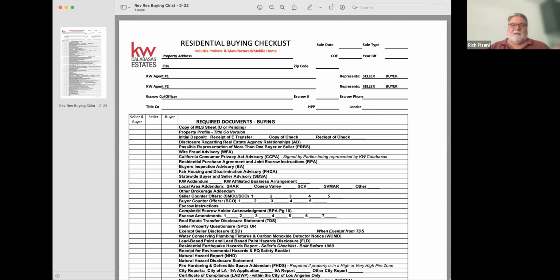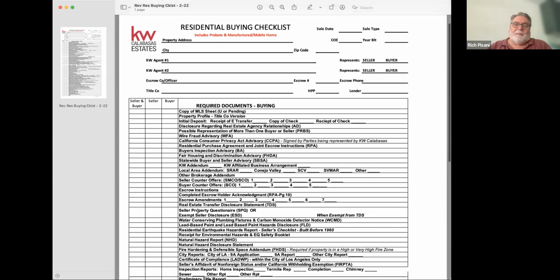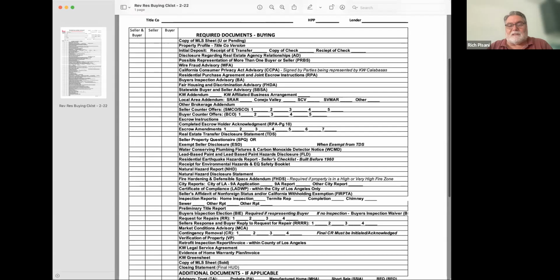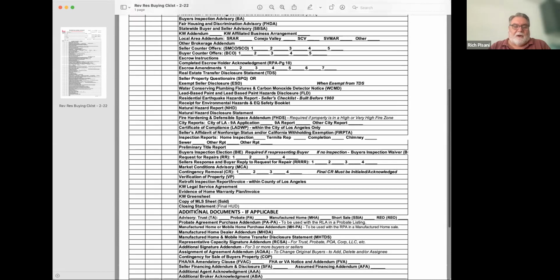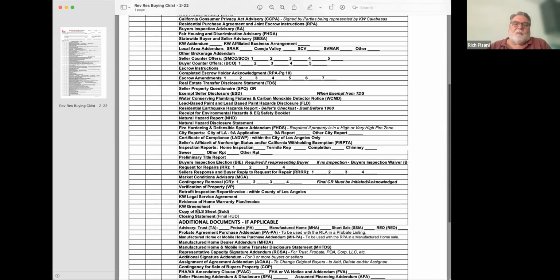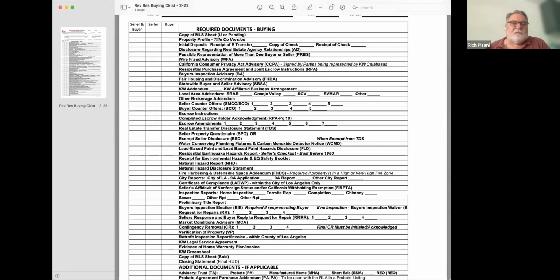But like I said, every office has this, and it lists all the disclosures and documents that are required for a transaction. There are additional documents if they apply, but I think we'll only have time for the normal disclosures on a transaction. So I'm going to stop sharing this and let me share the actual document.